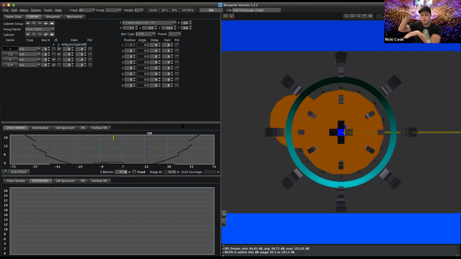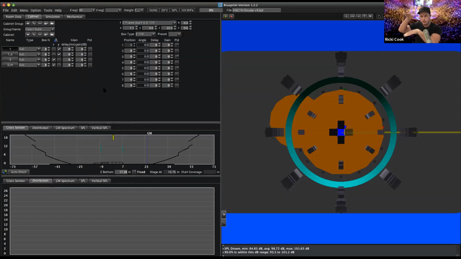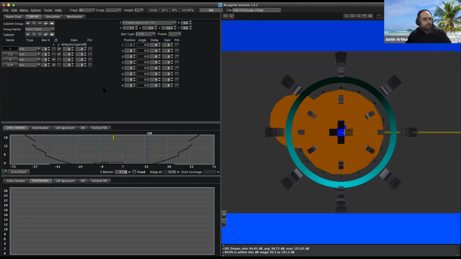You are effectively going to steer your low and low mid energy in the direction the bulk of the array is pointing. You might have boxes pointing down, but only the upper mids and the HF will go down. The bulk of the low end energy is going to fire forward, so you need to compensate for that in your design.